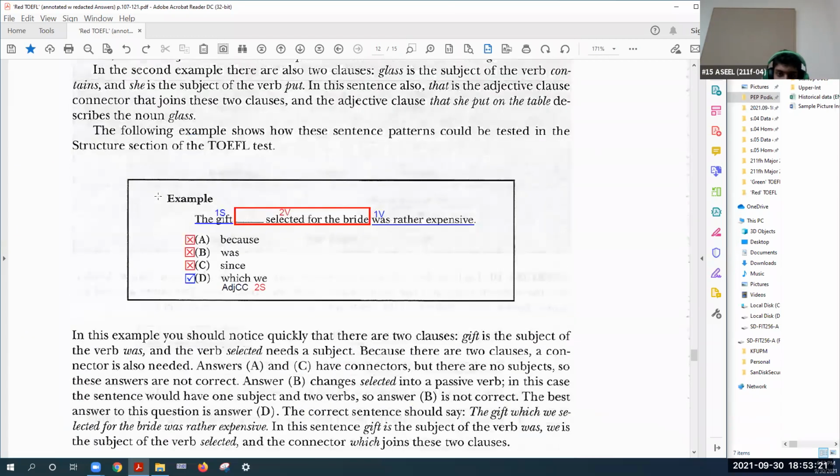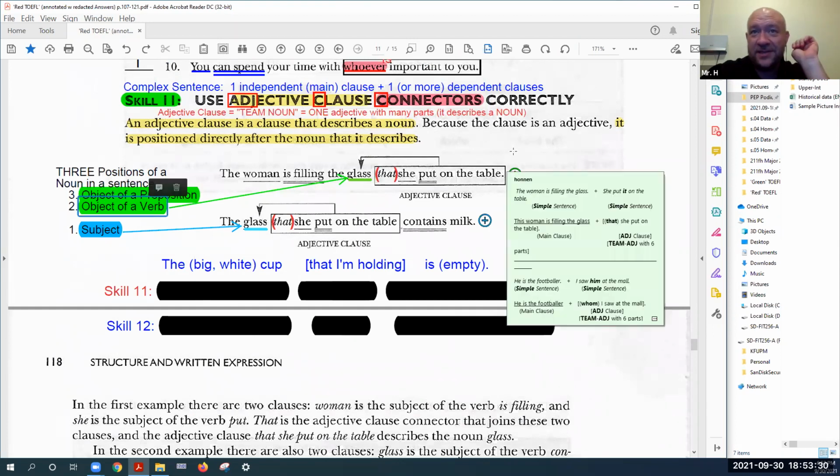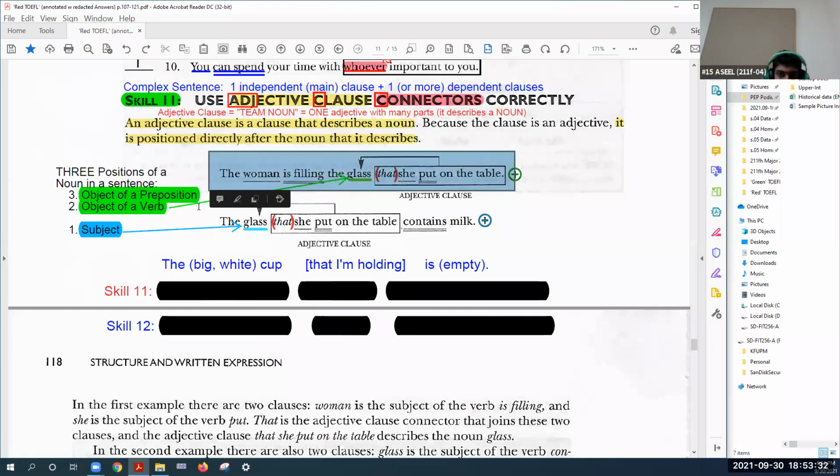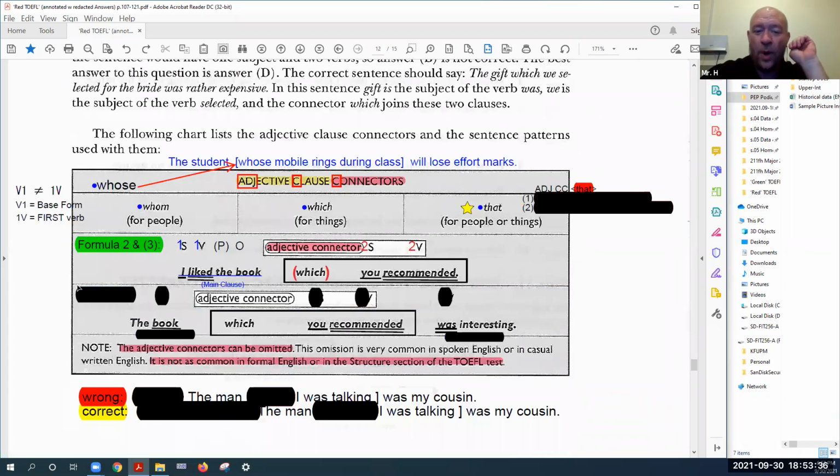Formula 3 is this one, object of a preposition. Formula 2 is object of a verb, right? This is Formula 2 or 3. You got one more guess. Formula 1. Oh, you got it. It's Formula 1. Okay. So what is Formula 1?